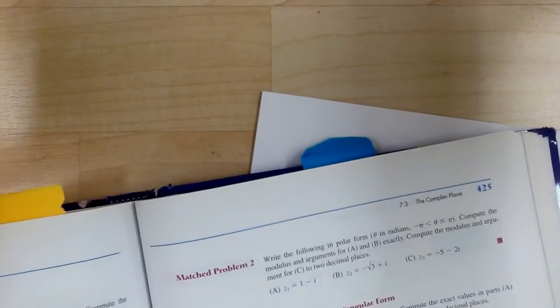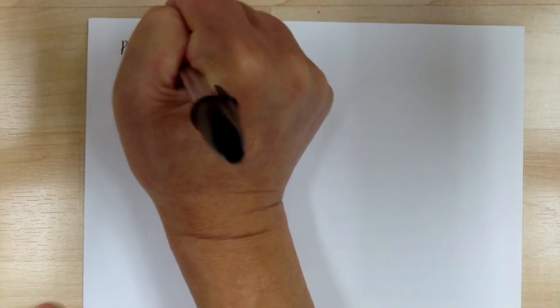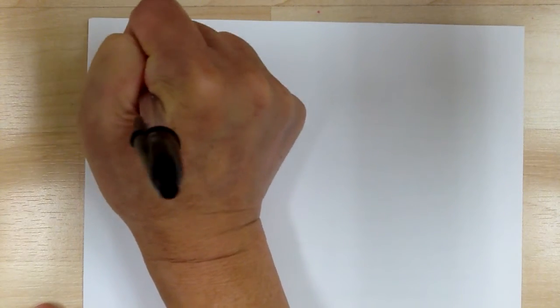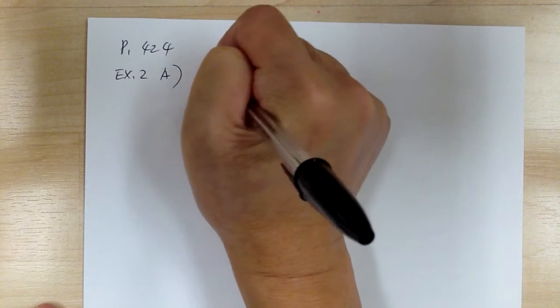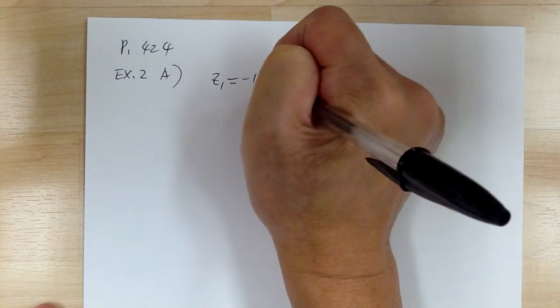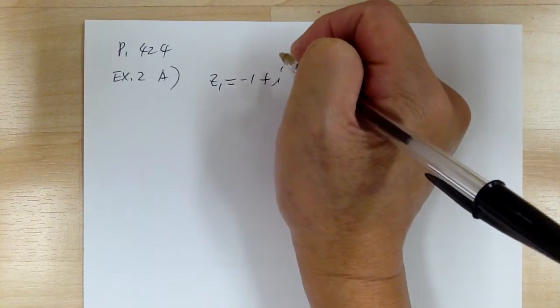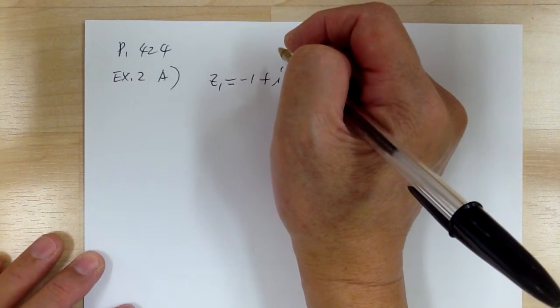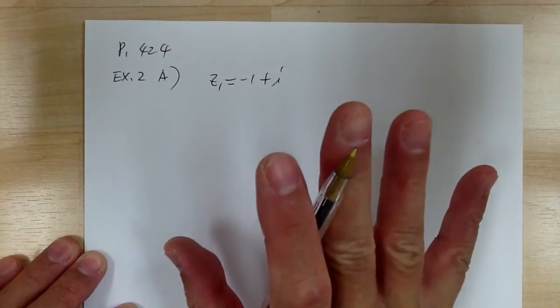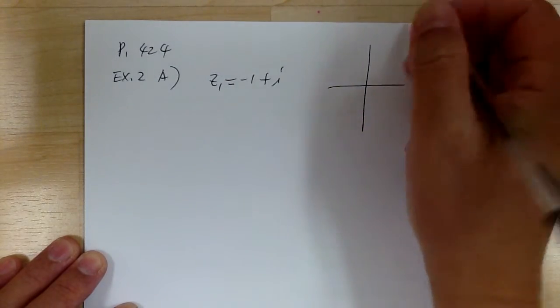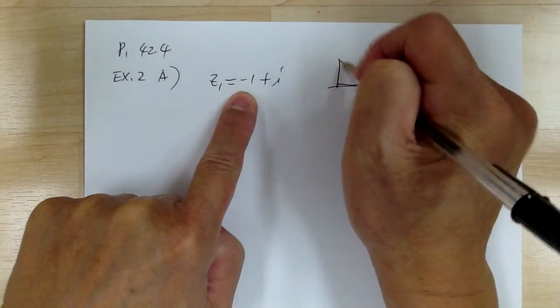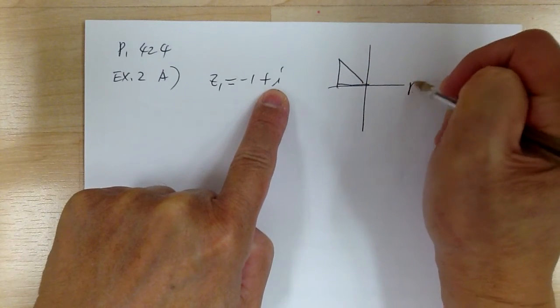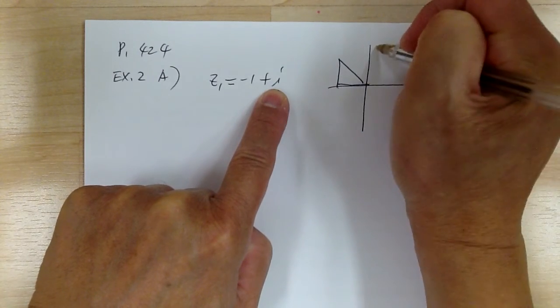Now let's go to example 2 on page 424 to see how to convert from one to the other. Page 424, example 2. A, you have z1 equal to negative 1 plus i, and you want it in polar form. Just like what you did before, draw your triangle. Negative 1, i. Again, this is the real and this is the i.